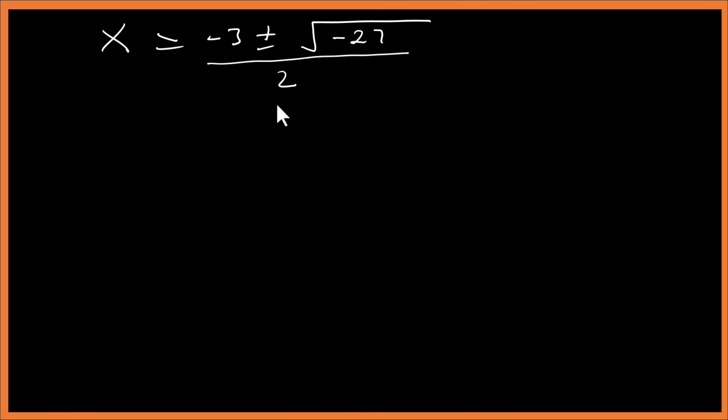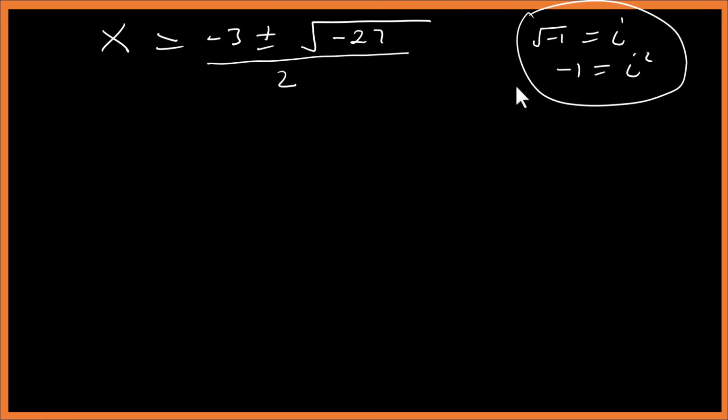Now because of the negative, don't forget that the square root of minus 1 is the same as i, and minus 1 is the same as i squared, from complex numbers.